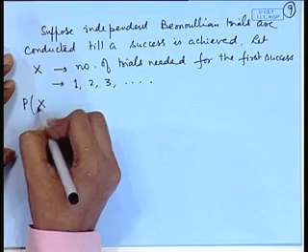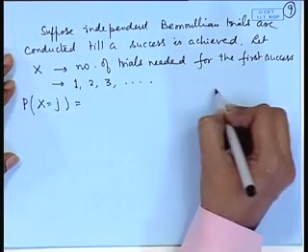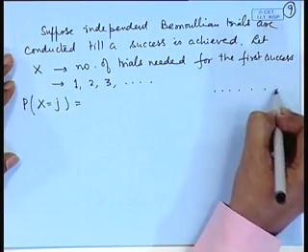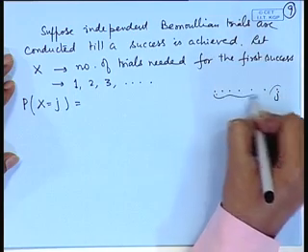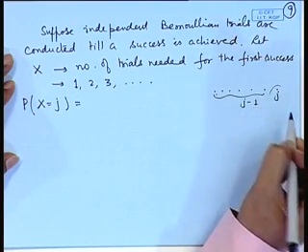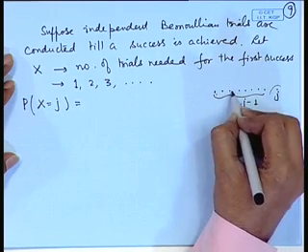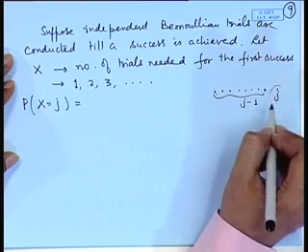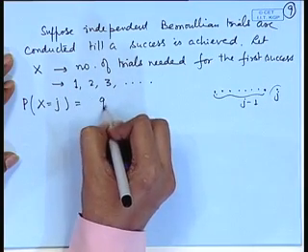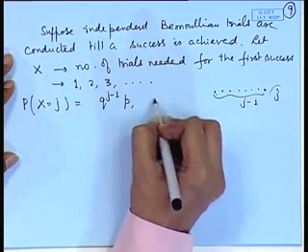You will have probability x is equal to j is equal to, now, we are saying that in the jth trial the success is observed. That means, before that in the j minus 1 trials all of them are failures, and all the trials are fixed, because the first is a failure, second is a failure, up to j minus 1 it is a failure, the jth one is a success. So, the probability of this becomes q to the power j minus 1 into p.